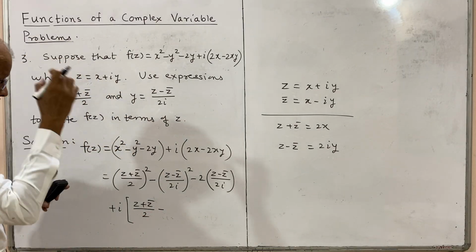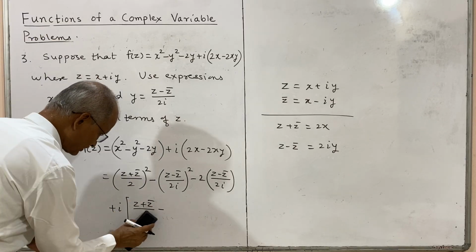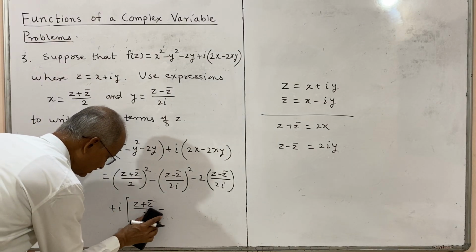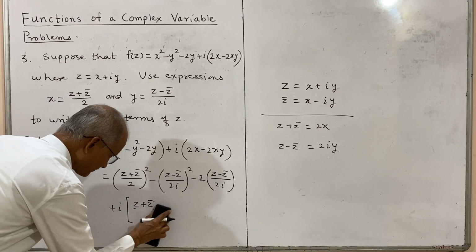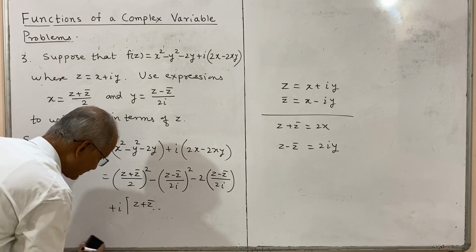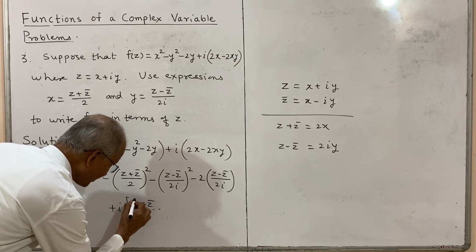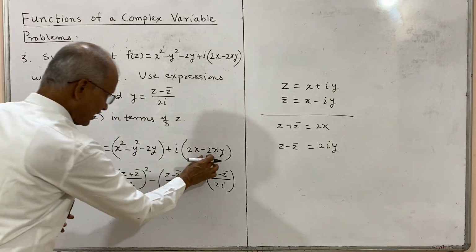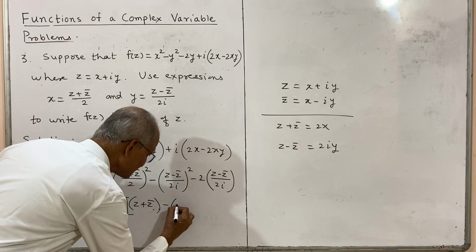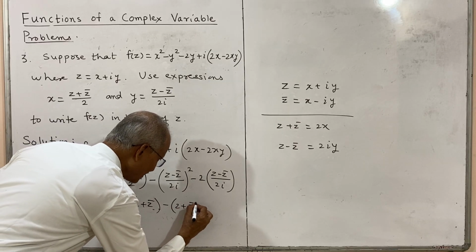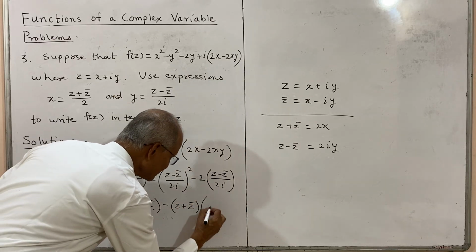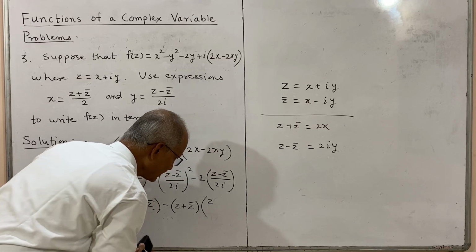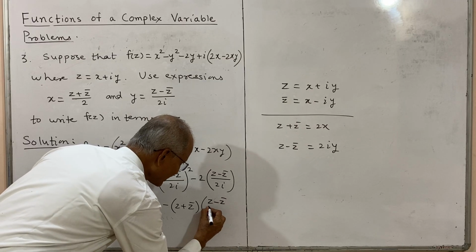See, it is 2 times x, so this 2 gets cancelled, and simply we write z plus z bar for 2x. Similarly here, 2x is z plus z bar, but y is z minus z bar divided by 2i.